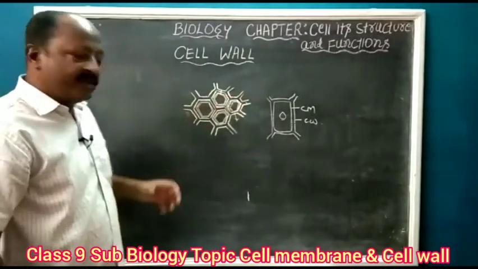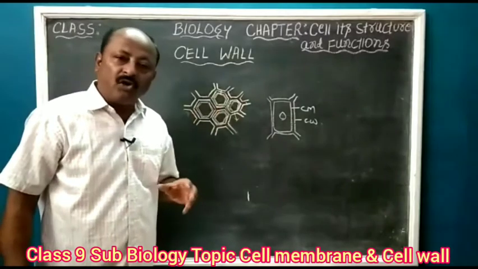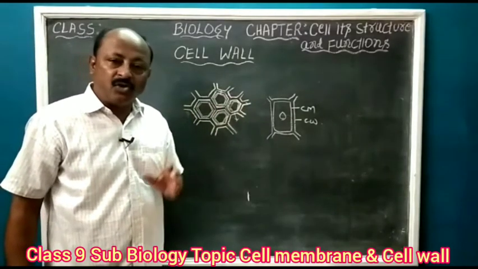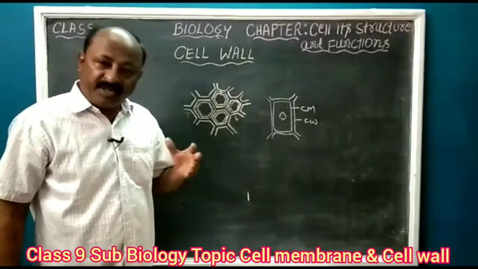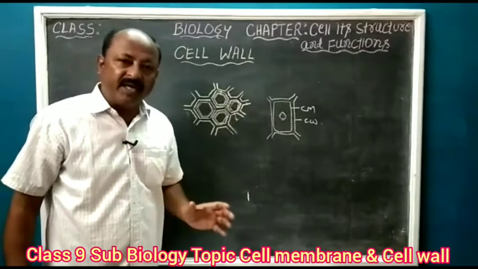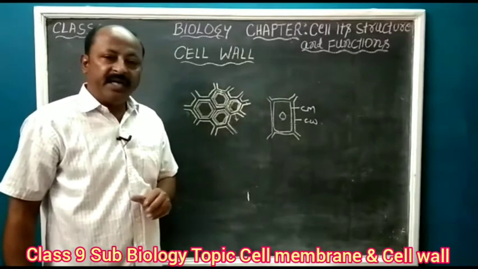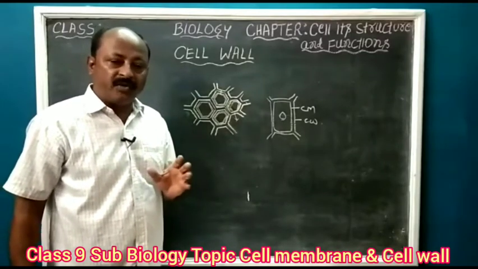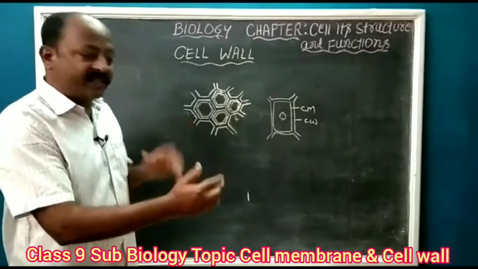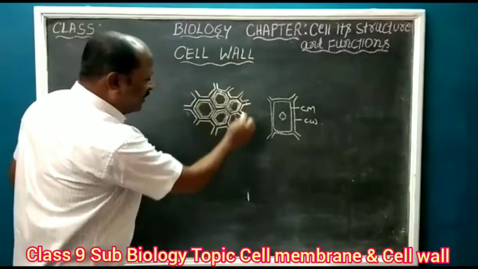Initially, cell wall was thought to be functionless, it was thought to be inactive, but now it is known that it is a very significant part of the cell. It plays a very important role in exchange of the information between the other cells. Now here I have drawn the plant cells for you.